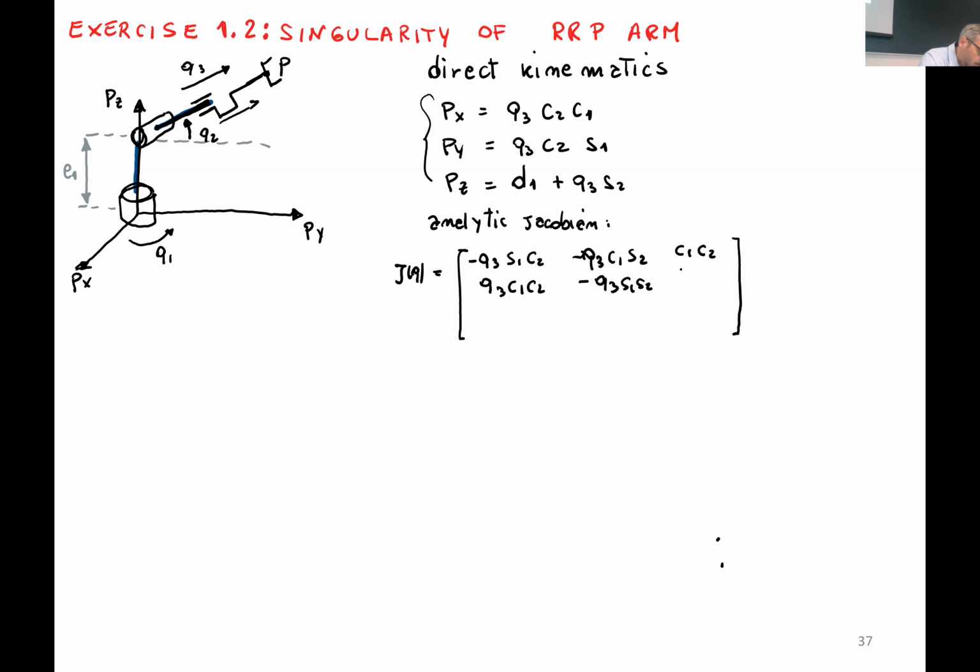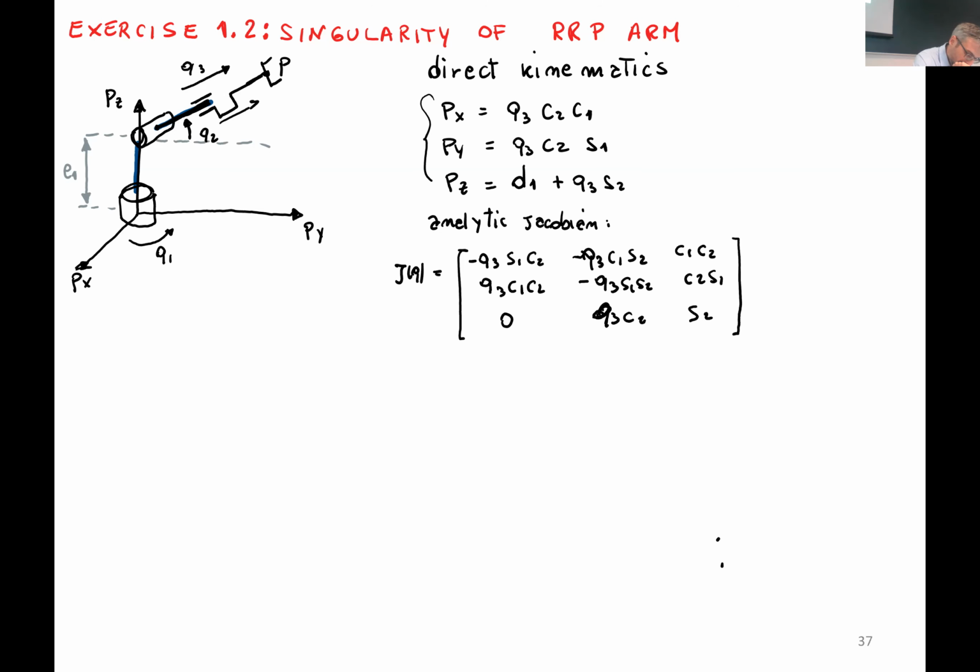And py with respect to q3, we get c2 s1. pz with respect to q1 is not there, so it's 0. pz with respect to q2, we have q3 cosine of 2. And pz with respect to q3, we have s2. And this is the Jacobian.